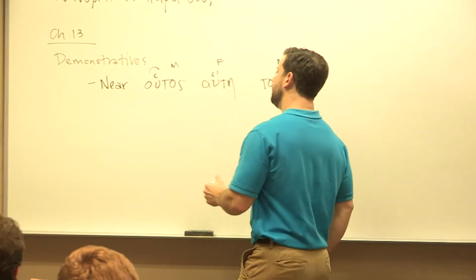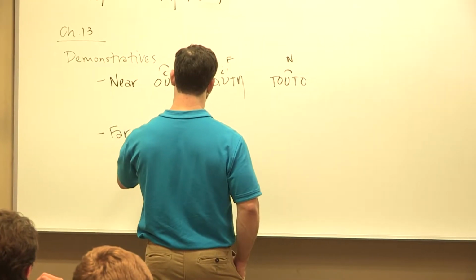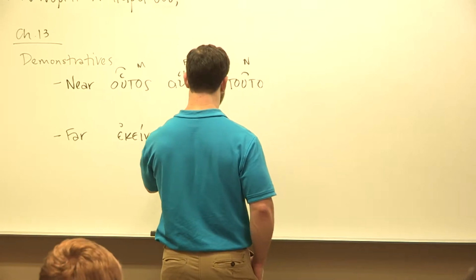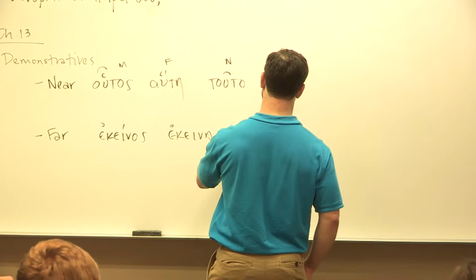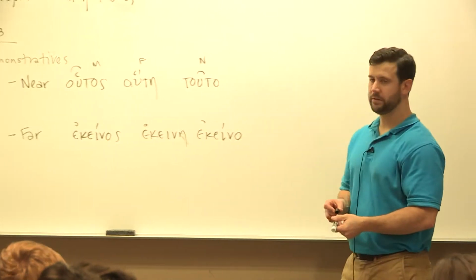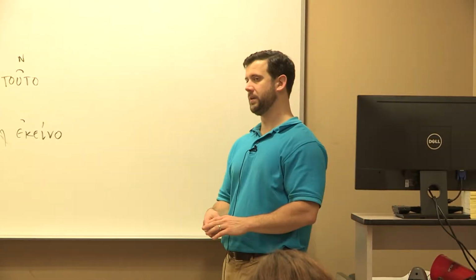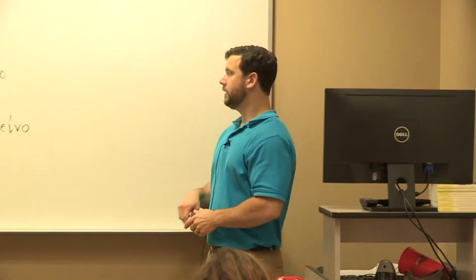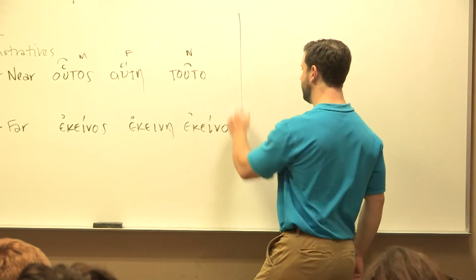The far demonstrative is ekeinos, ekeine, ekeino. Again, it's going to inflect in masculine, feminine, neuter, and also in all the cases we've learned so far: nominative, genitive, dative, and accusative. So this, that.